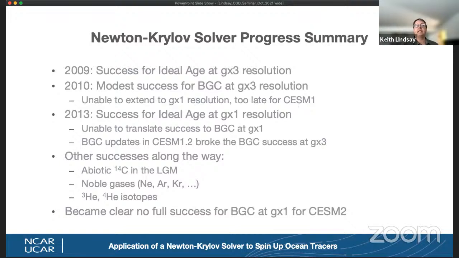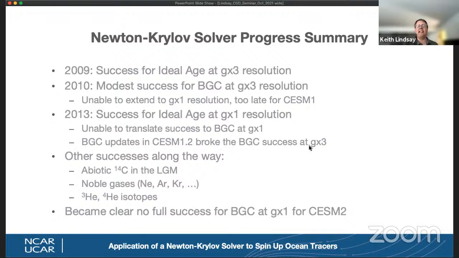Some years later, I finally managed to get success for the Newton-Krylov technique at the 1 degree resolution with the simple tracer of ideal age. Unfortunately, the success of the solver did not translate to the more complicated BGC tracers at 1 degree. It turns out that some of the BGC updates that we had in subsequent model releases broke the success that we had in earlier versions.